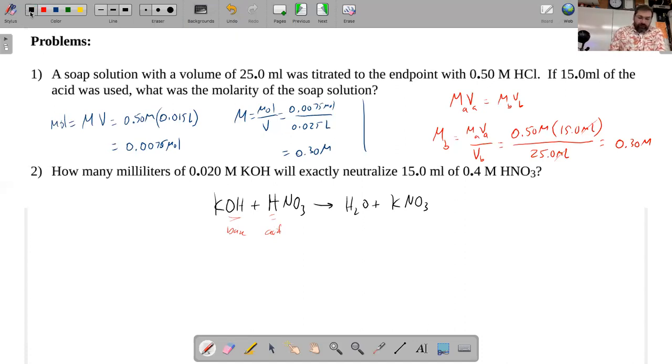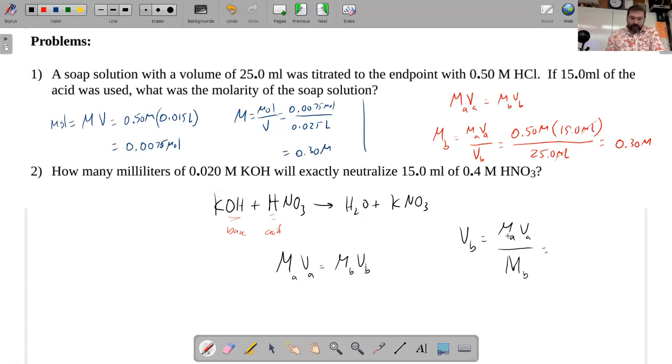So all the time, the molarity of the acid times the volume of the acid is equal to the molarity of the base times the volume of the base. We're trying to figure out how many milliliters of 0.02 molar potassium hydroxide, that's the base. So the volume of the base is equal to the molarity of the acid times the volume of the acid divided by the molarity of the base.